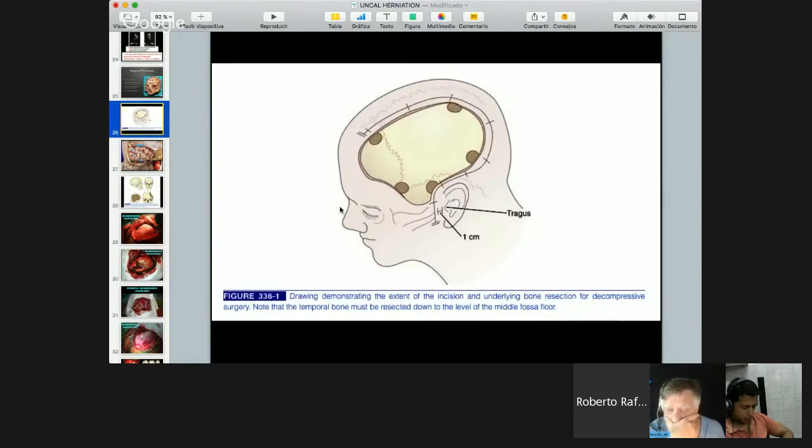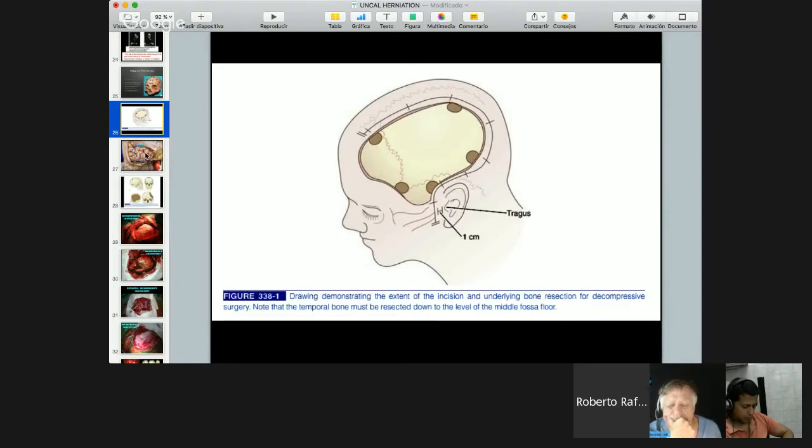But in uncal herniation it is very important to decompress the temporal lobe. It is very important that the craniectomy be done down. It is necessary to remove completely the temporal bone squama to really release the temporal lobe.